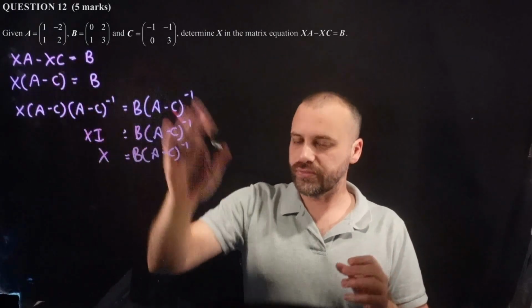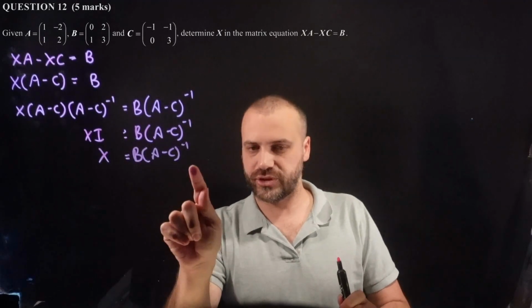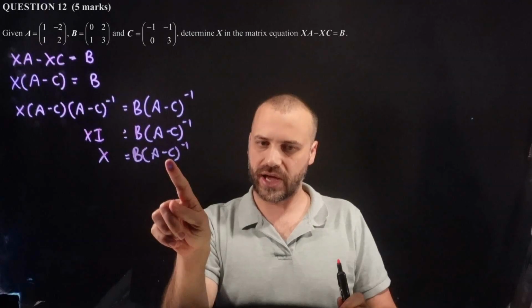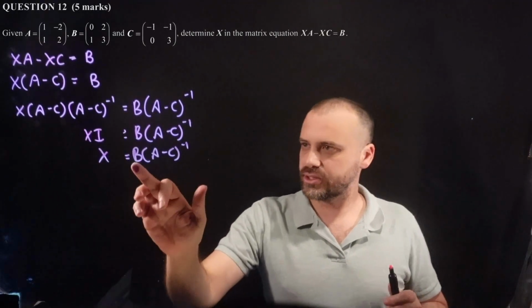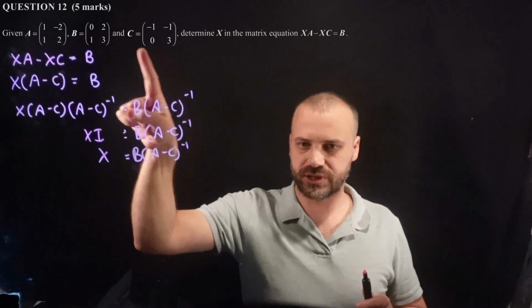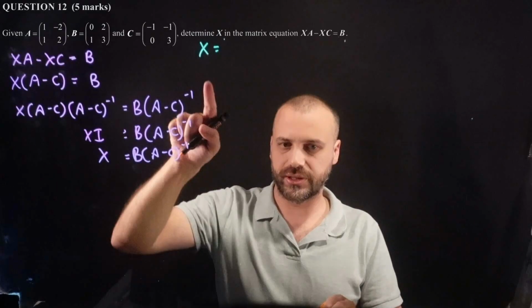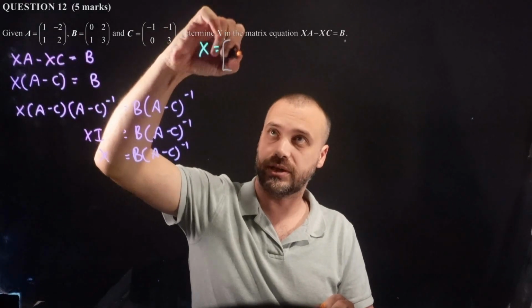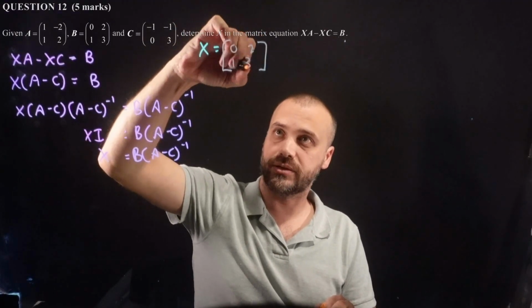So, all of this work to now have a nice little matrix expression, B times the inverse of A minus C. That's what X is going to be equal to. And now it's just simply putting those matrices into this expression. All right, stepping through it slowly, X is equal to B. So let's make our little matrix here. It's 0, 2, 1, 3.